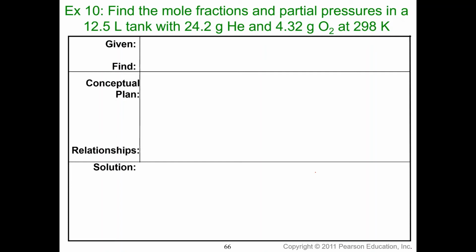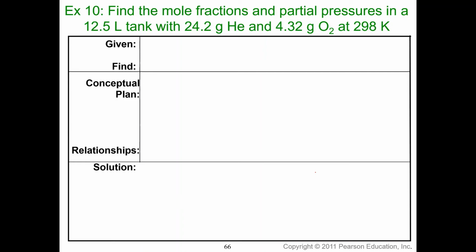Find the mole fraction and partial pressure in a 12.5 liter tank. So as you know, when you have a mixture of gases and you put it in a container, it doesn't matter, they take up the whole container. That's 12.5 liters, with so many grams of helium and so many grams of oxygen at that temperature.